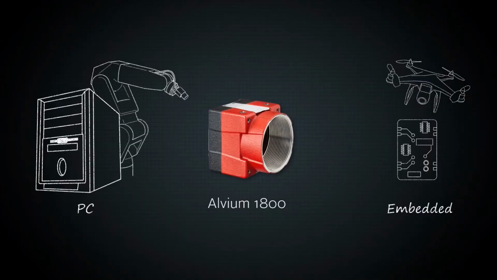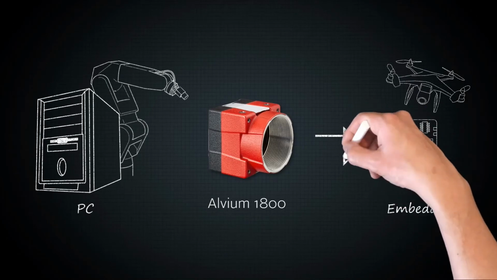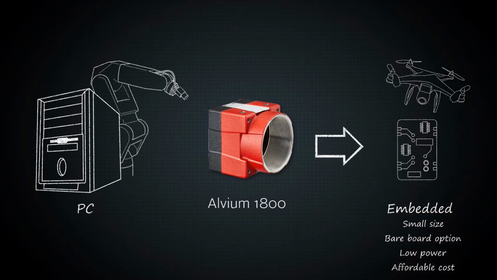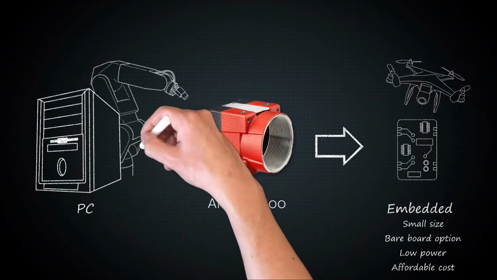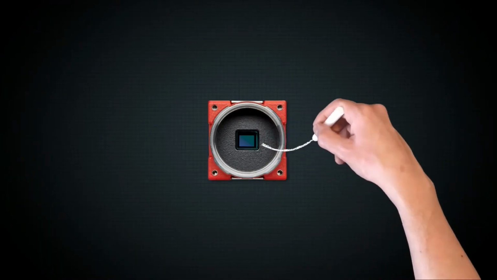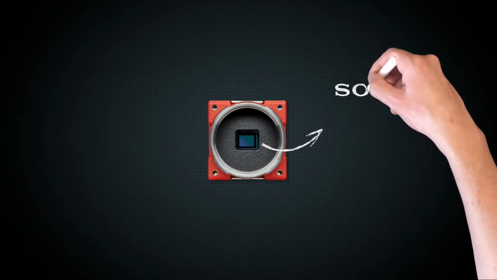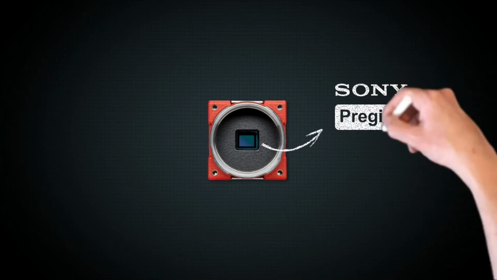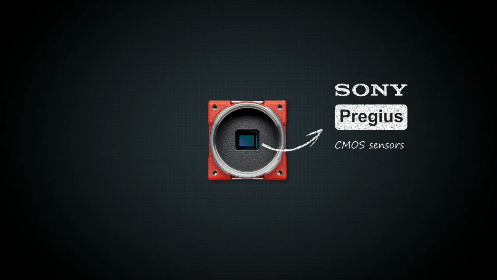So in a nutshell, the ALVIUM 1800 is optimized for easy integration into an embedded system. But it comes from Allied Vision, a leading manufacturer of industrial machine vision cameras, which means it fulfills quality and performance standards never seen before in embedded sensor modules. The ALVIUM 1800 series feature high-performance CMOS sensors popular in the machine vision industry, such as Sony's Pregis sensors.